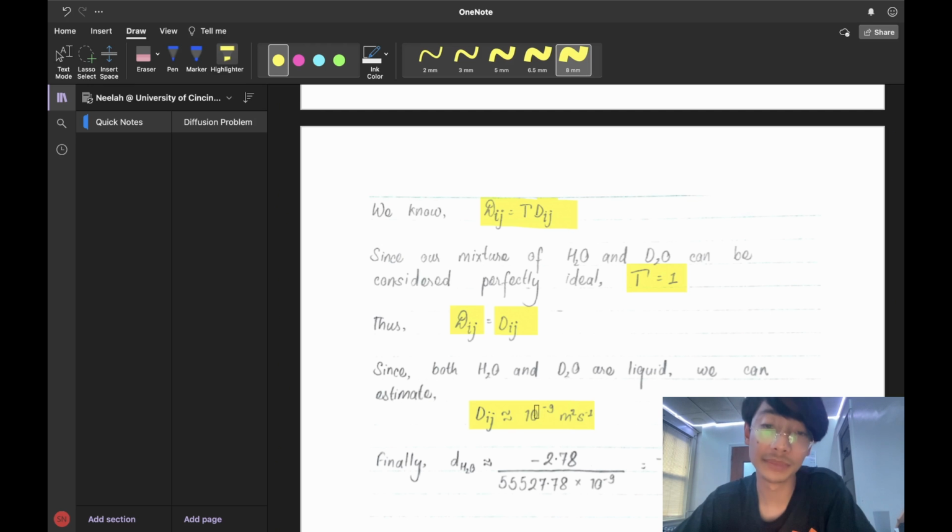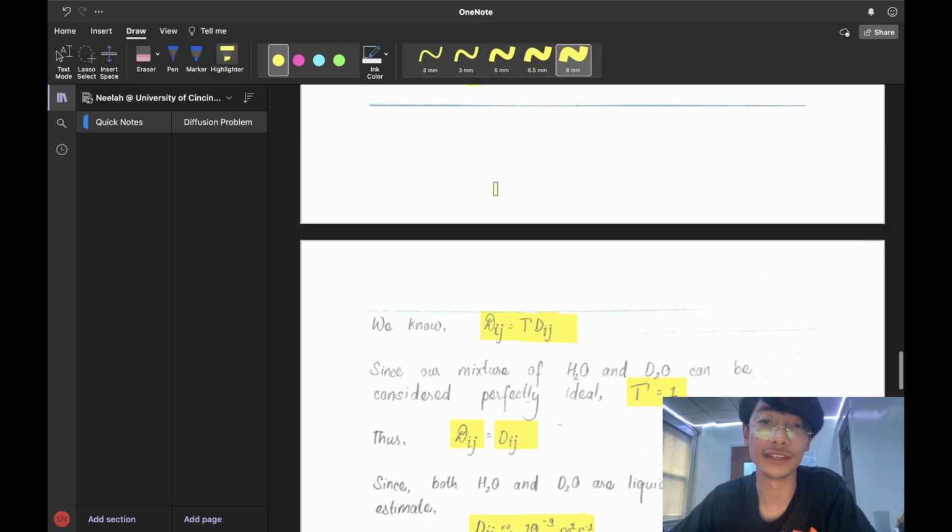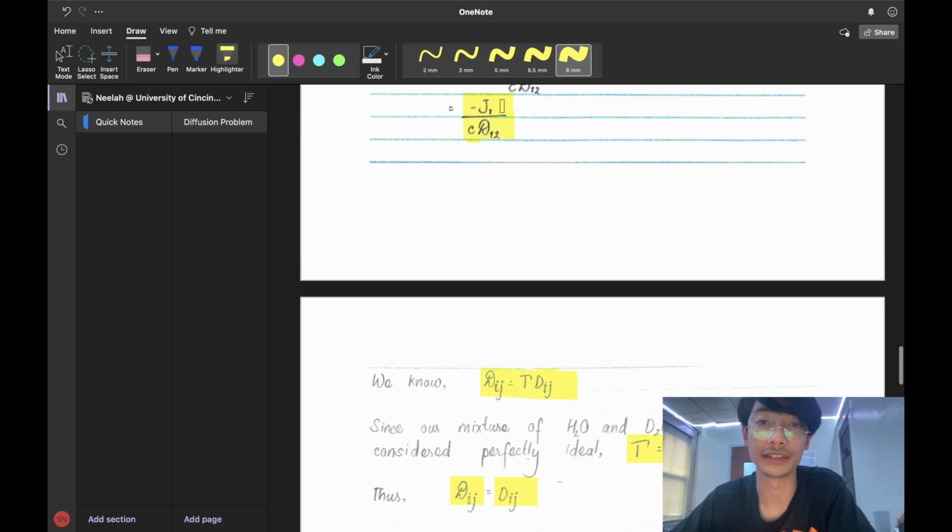So we can simply make this estimation into the main equation right here.